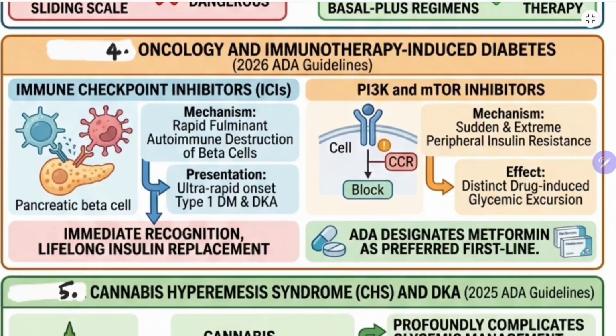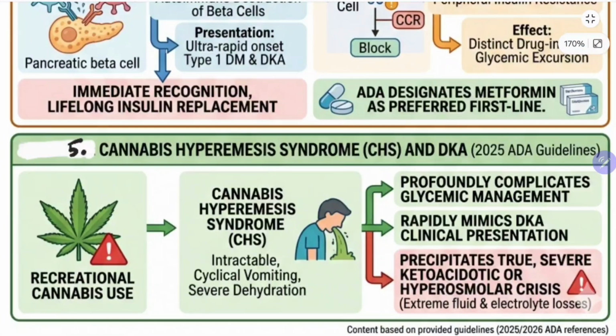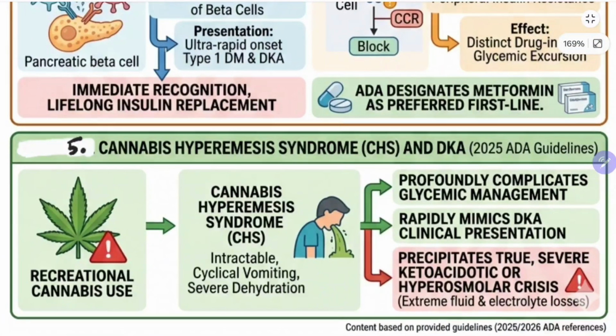Now coming to the fifth special context, that is the last one. There is the misuse of cannabis, which everybody knows about. Recreational cannabis use can cause something known as cannabis hyperemesis syndrome, and this can be misleading.